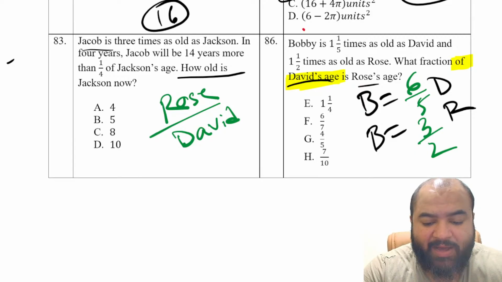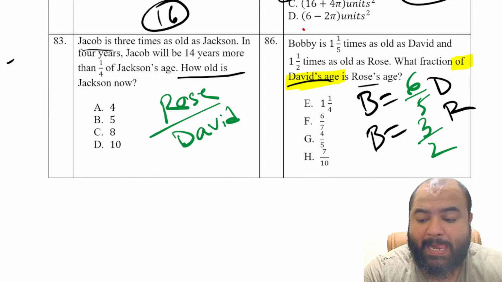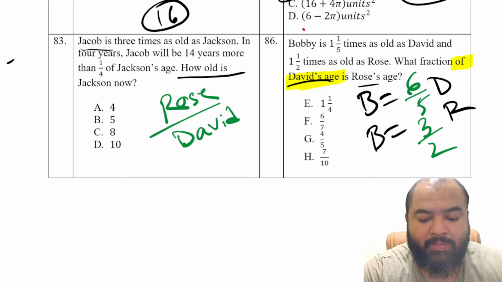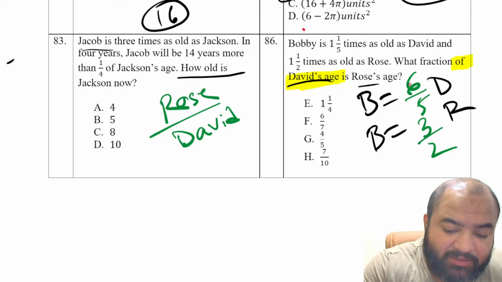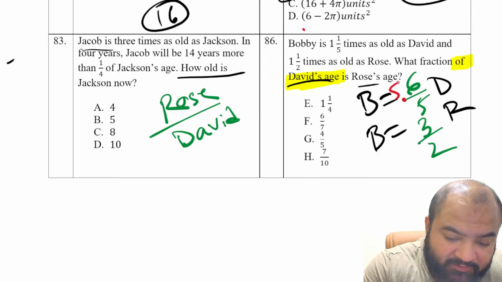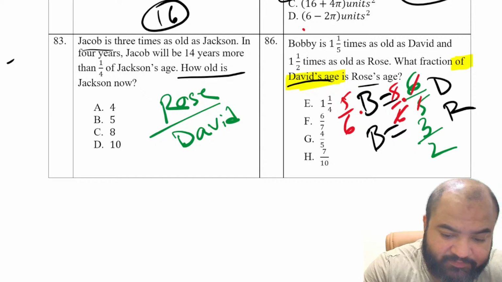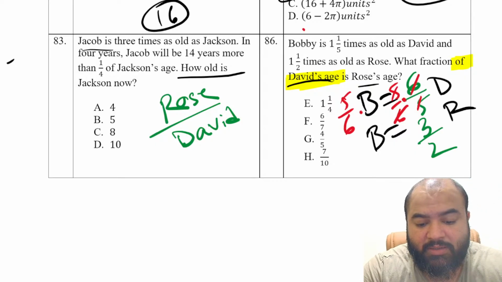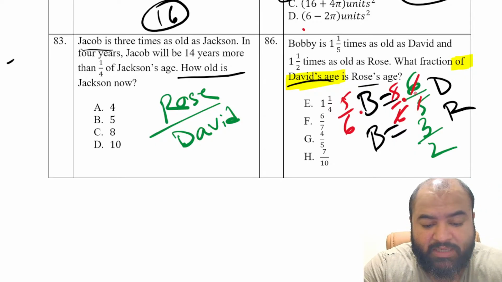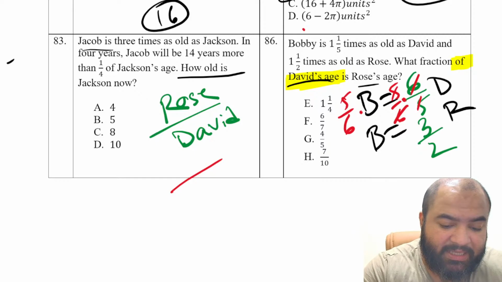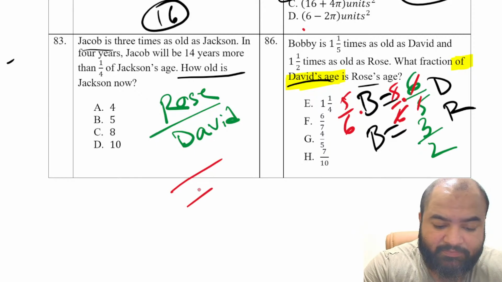Or can I multiply by 5/6? You see that for 6 over 5, the reciprocal is 5 over 6. I'm just going to multiply by 5 over 6. So D is 5/6 B. Just going to plug it in here.